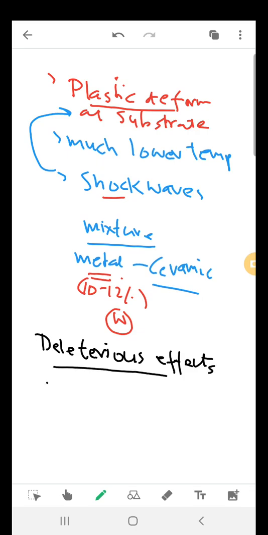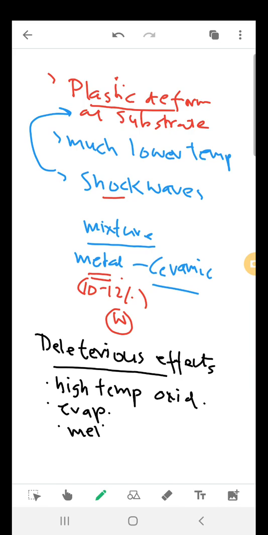Like, it can have high temperature oxidation, it can have evaporation, there can be melting, there can be crystallization.